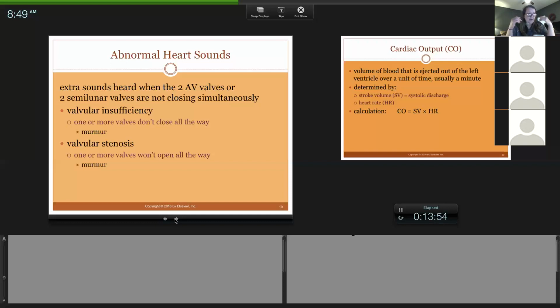Now, I don't know if everybody remembers day one, Ireland was talking about a case and the heart looked a little big, or the atria was enlarged. If you look at an x-ray of a heart, with valvular stenosis, every time the blood tries to push, it can't go past this.